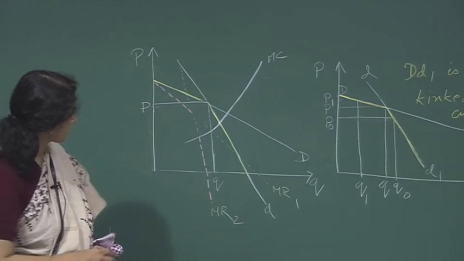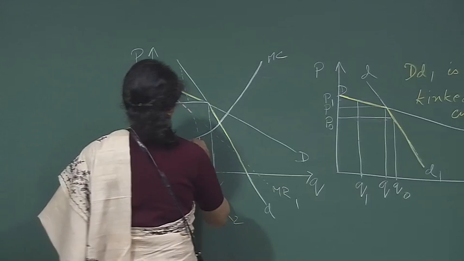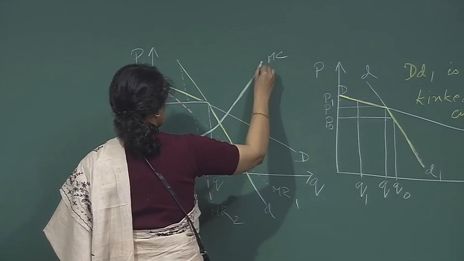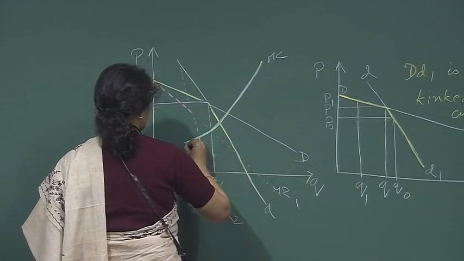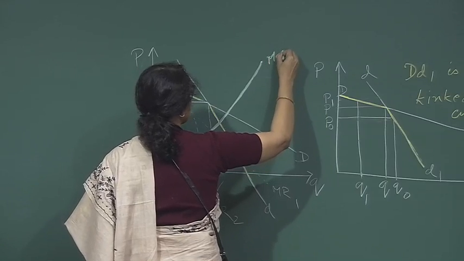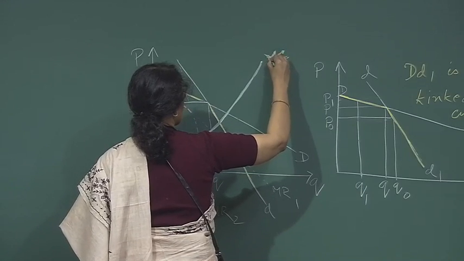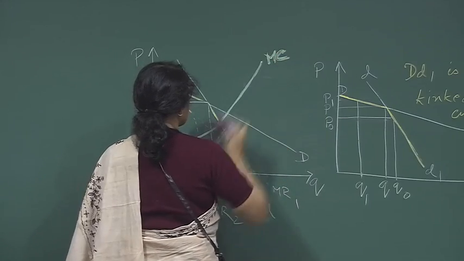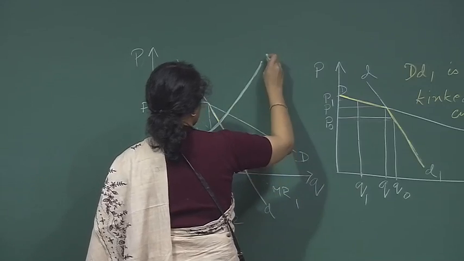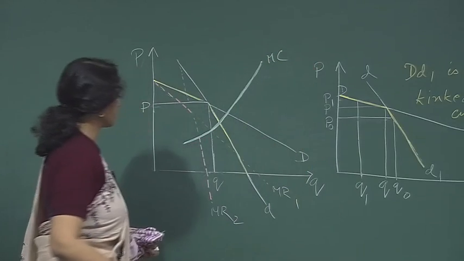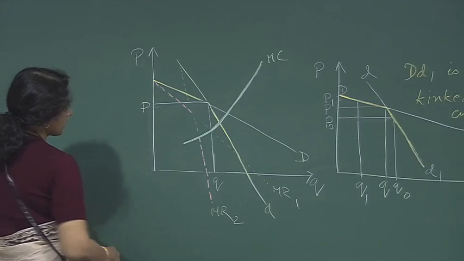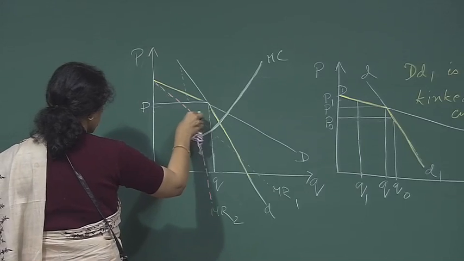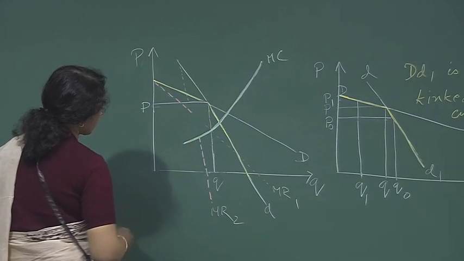Let me draw the marginal cost as green. This was the marginal cost curve of the firm, and the pink dotted line is the marginal revenue curve.